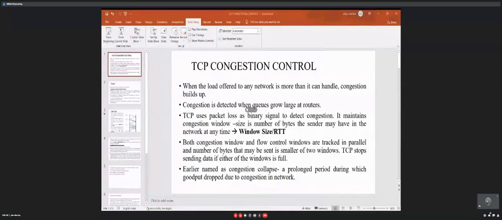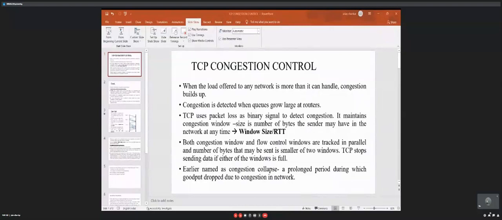See, the overall description of TCP congestion control mechanism is, we have several methods for controlling congestion with TCP. So basically what is congestion? Congestion occurs when the load offered to the network is more than its capacity. Here TCP uses two different parameters. One is the congestion window, another one is the flow control window.